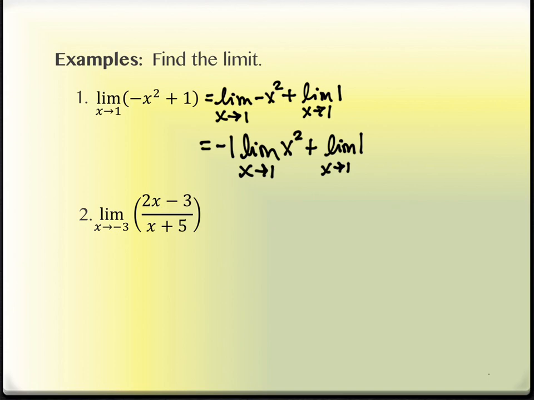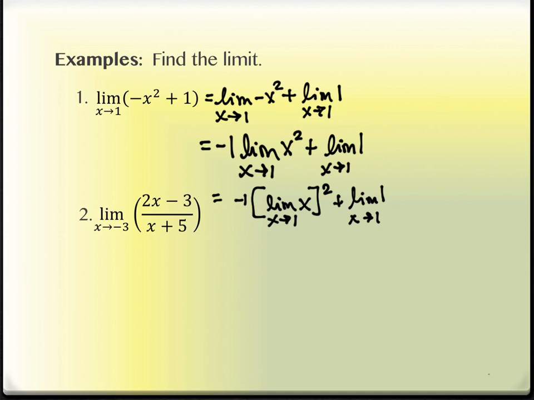If I have x squared, it's actually basic property number 3 as well from the previous theorem. I could actually rewrite this so that I take the limit as x approaches 1 of x first, and then square it, and then add the limit of 1 as x approaches 1. This is what all those theorems say I'm able to do. I'm able to separate it in all of these ways.